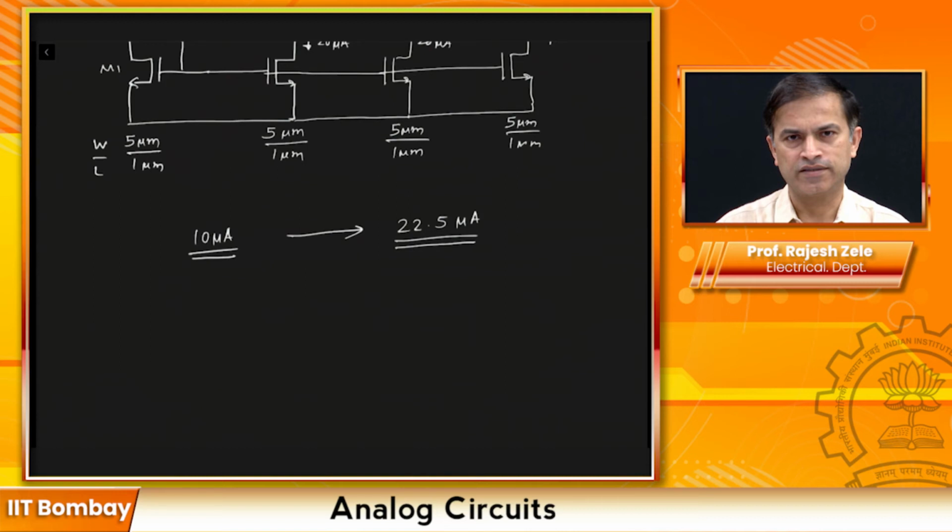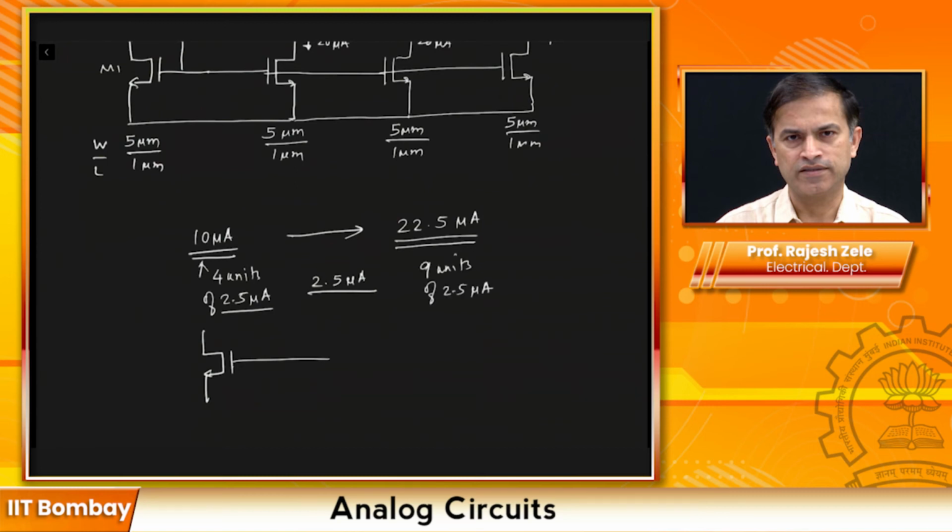You can see the common factor is 2.5 microamps. I can make one transistor unit which will carry 2.5 microamps, and in this particular case this will be 4 units of 2.5 microamps of current, and then here it would be 9 units of 2.5 microamps.